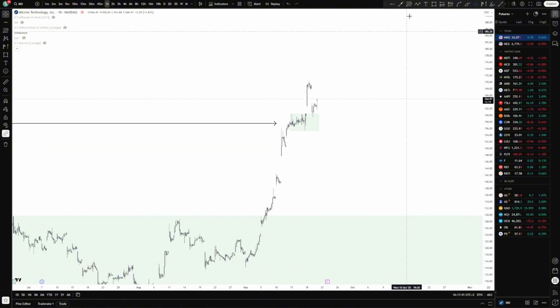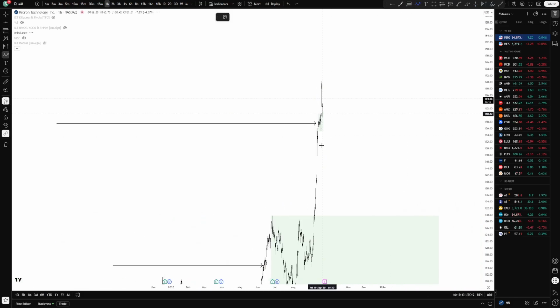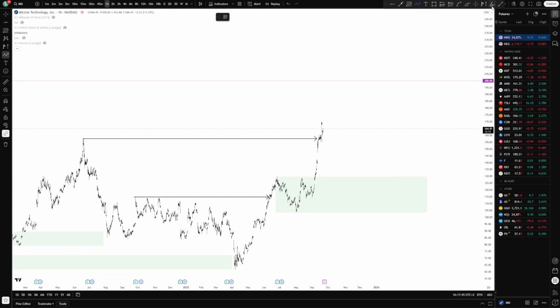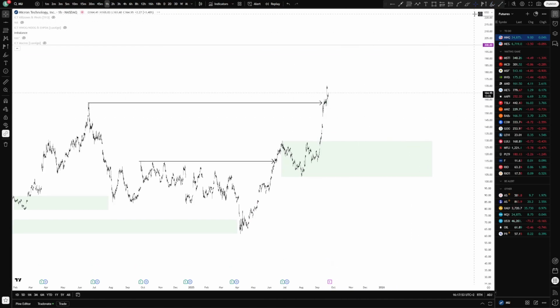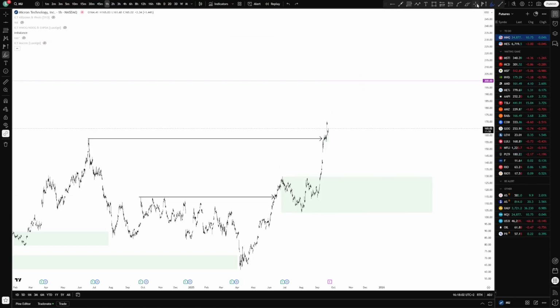If we can't continue our high time frame trend, because we just broke all-time highs and we have been bullish for a very long time, eventually the market has to cool off, so it has to take out liquidity on the opposite side and tap into some sort of support to continue the trend.